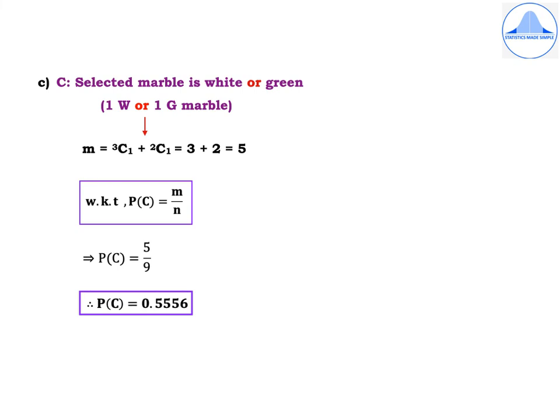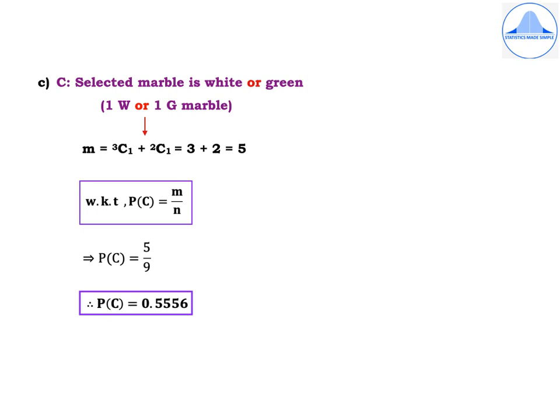Third subdivision, define event C as selected marble is white or green. So within brackets I have written 1 white or 1 green marble. Or is highlighted in red color. So here we get m is equal to 1 white. How many whites are there? There are 3 whites and you have to select 1. So it is 3C1.